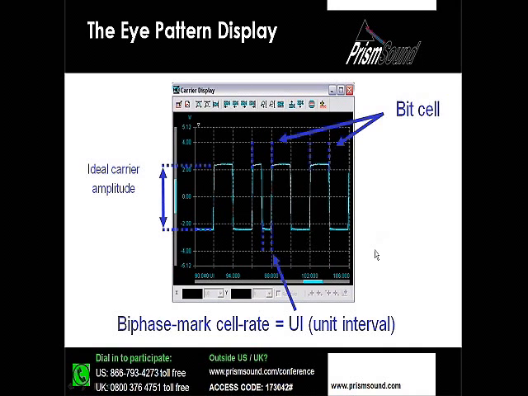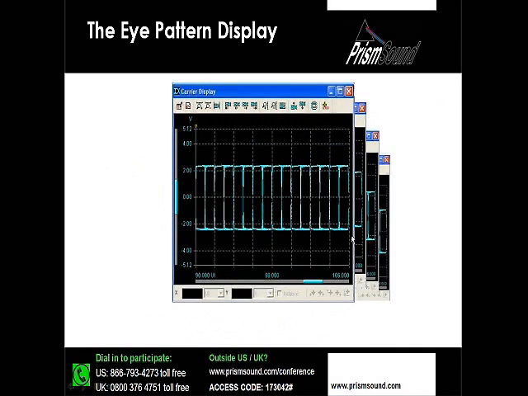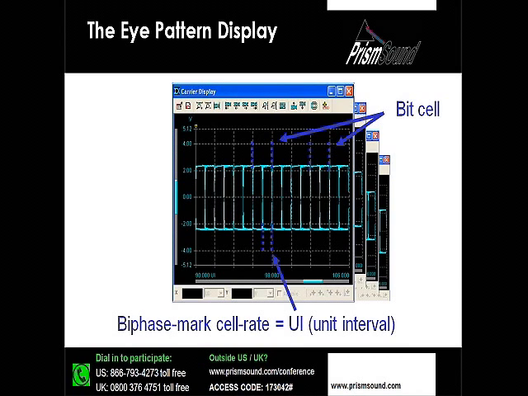So what I've tried to represent here is an ideal eye pattern, and this particular end result that you're looking at comes from the storage scope, where you're laying one frame after another right on top of one another. So what we're looking at here is, again, a bit cell, a biphase mark UI, and ideal carrier amplitude.